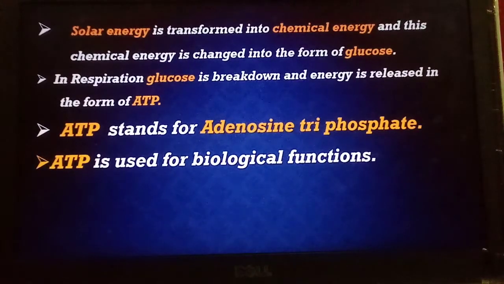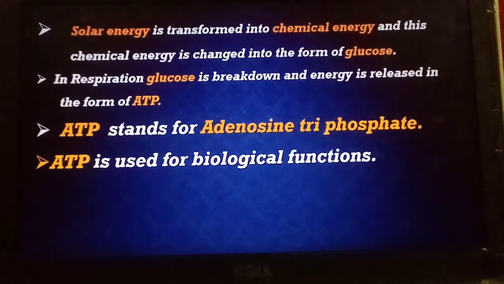In respiration, glucose is broken down. When this glucose is taken by animals as food, it is broken down and energy is released in the form of ATP. ATP stands for adenosine triphosphate.